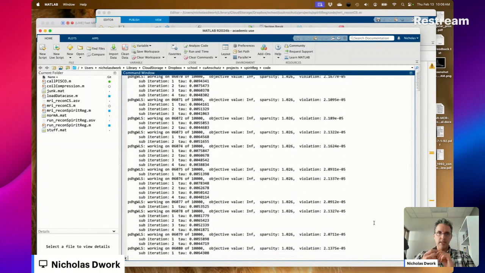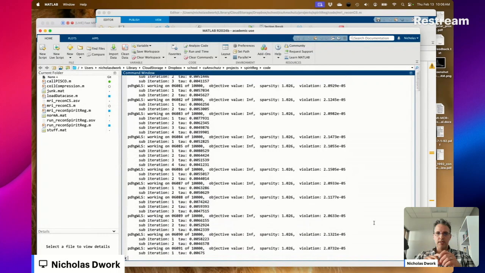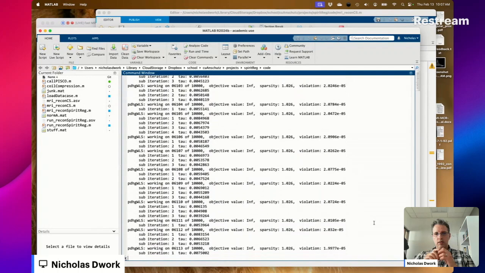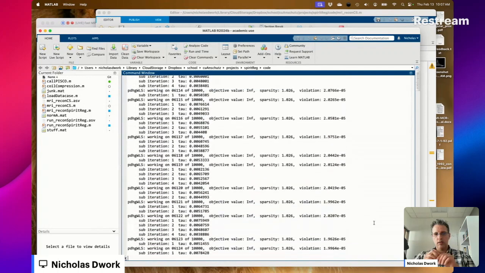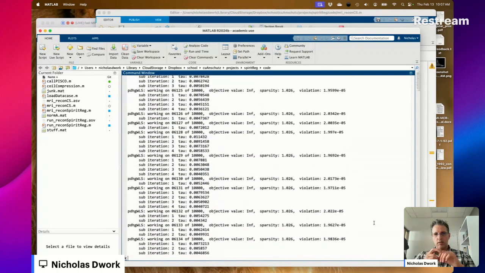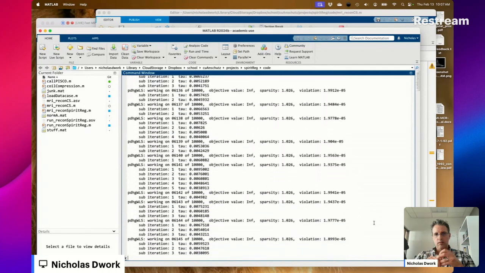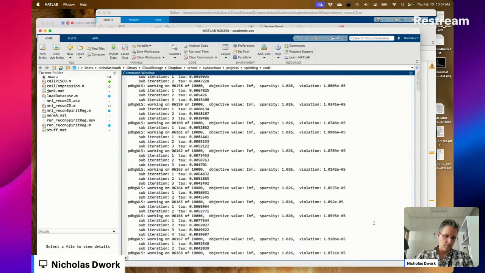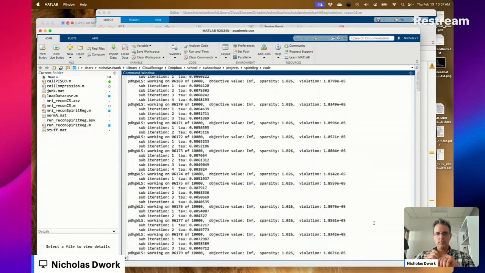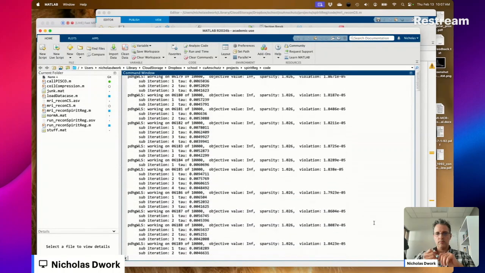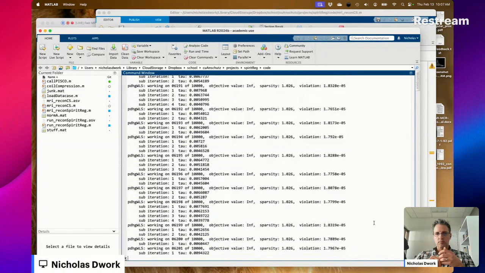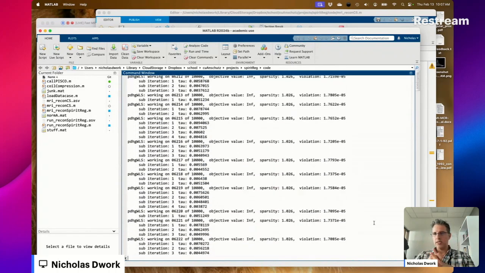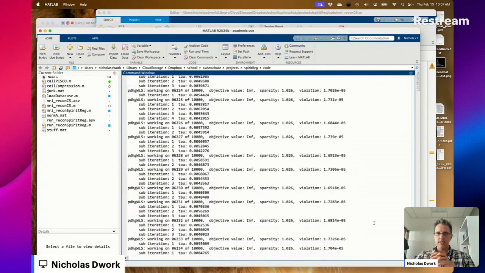And I've now got preconditioning possible in PDHG with line search. Okay, so in the first 100 iterations, we were nowhere near satisfying the constraint.